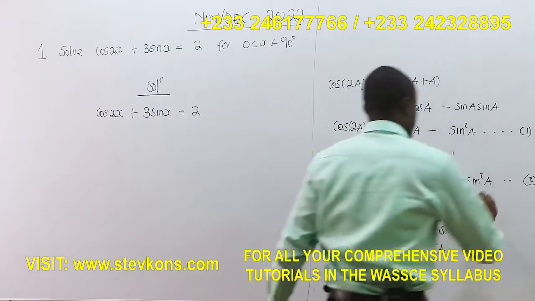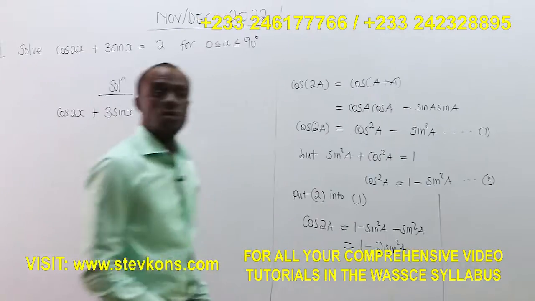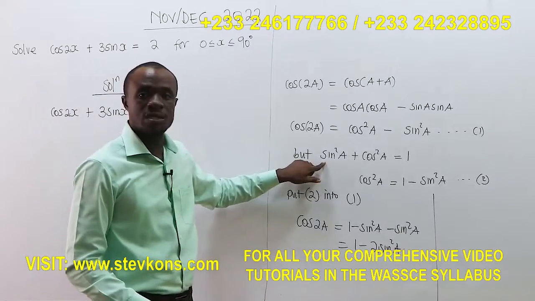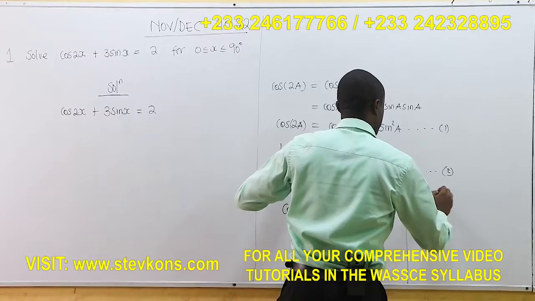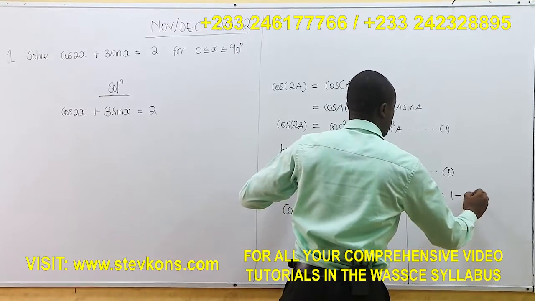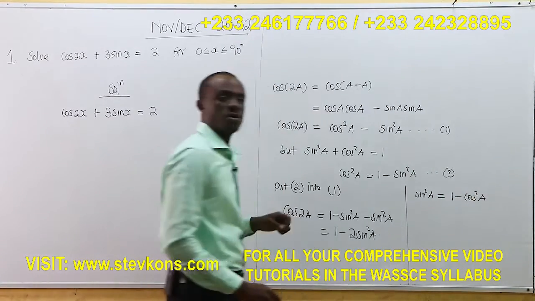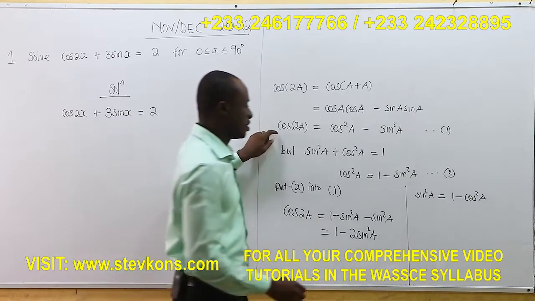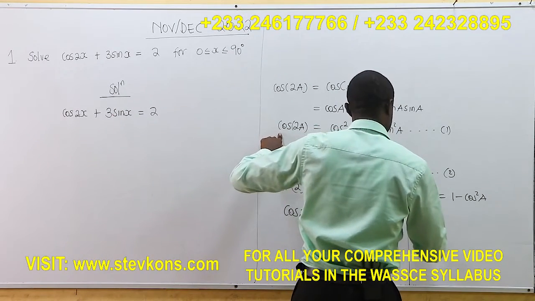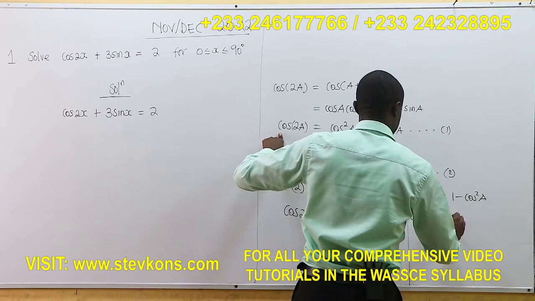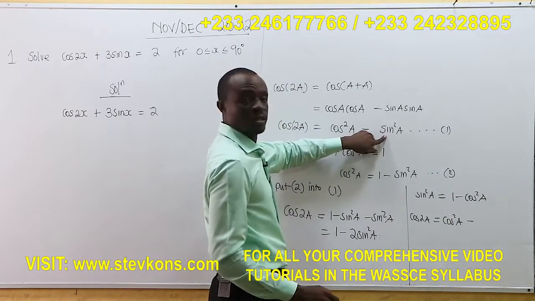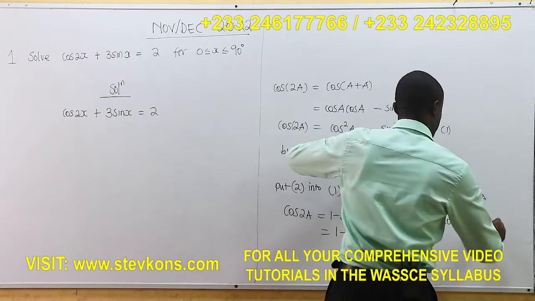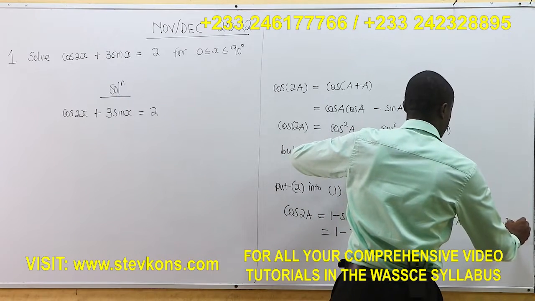What about if you want to write it in terms of cos? Then let's make sine square a the subject. So sine square a is the same as 1 minus cos square a. So when you put it into this, cos 2a will be equal to cos square a minus, instead of the sine square, 1 minus cos square a.